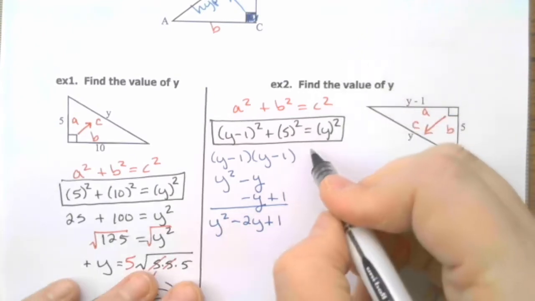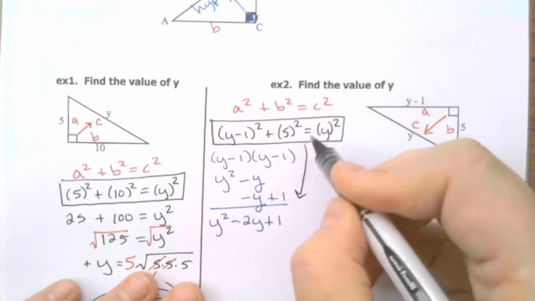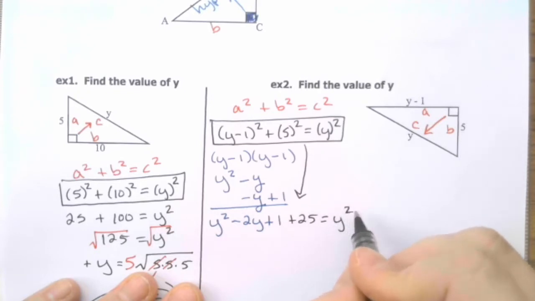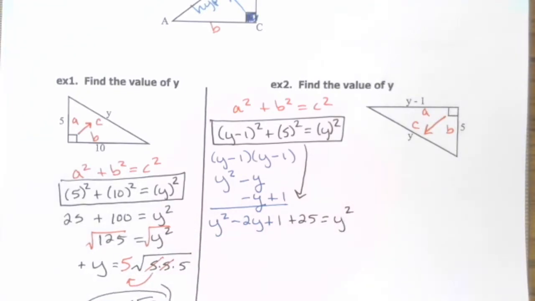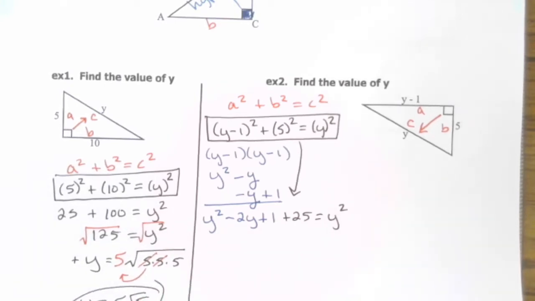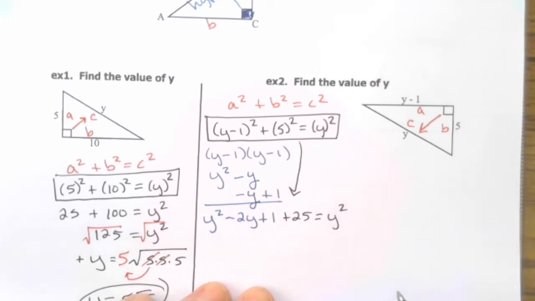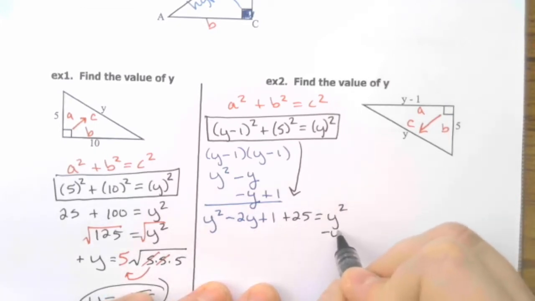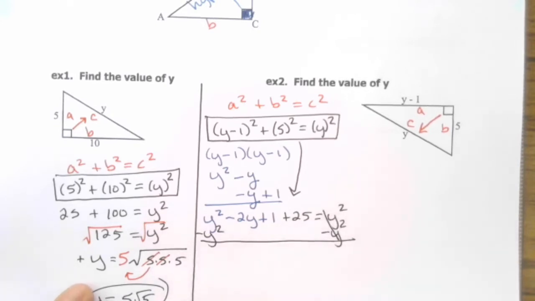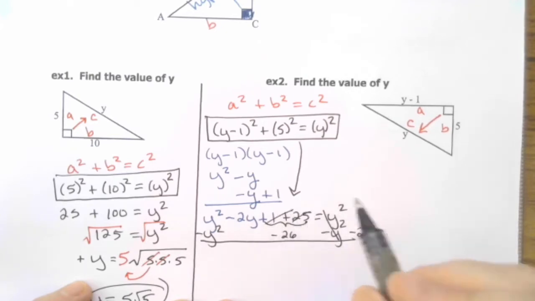Okay, so now let's just bring down the other values. 5 times 5 is 25. y times y is y squared. Even though we've got y squareds and regular y's, we're going to add or subtract to get y's to the left and numbers to the right. So I'm going to subtract y squared over to the left. And 25 plus 1 is 26, so I'm going to subtract 26 over to the right.